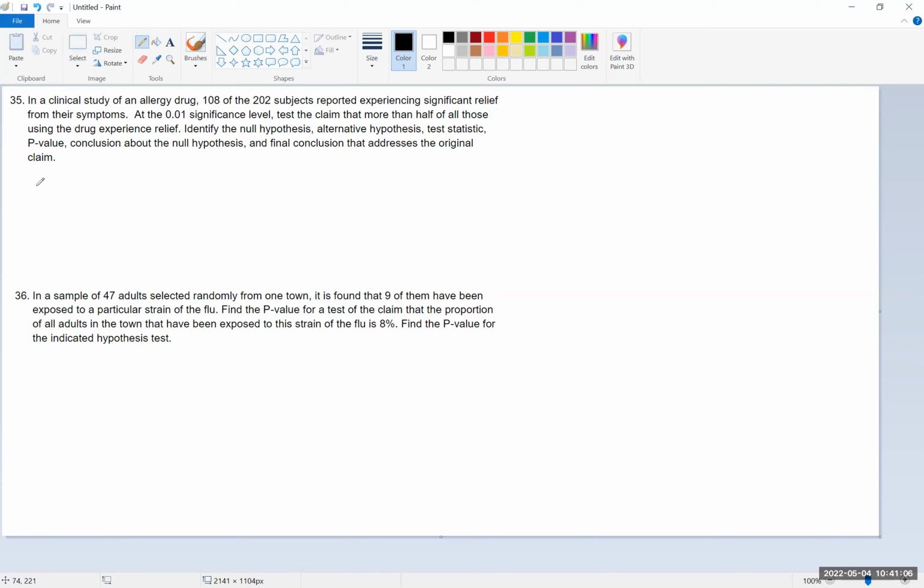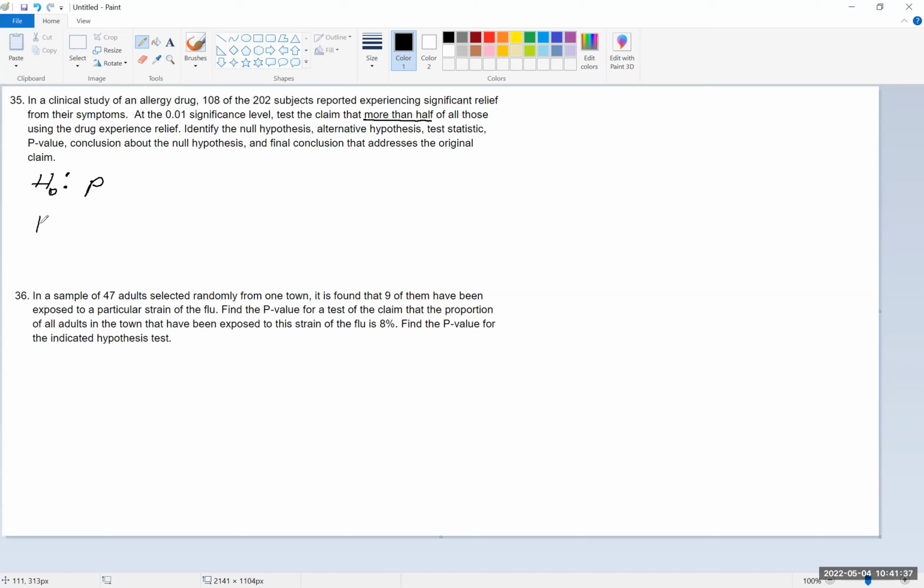So the null hypothesis. We've got to look at the claim. The claim is that more than half of those using the drug experience relief.